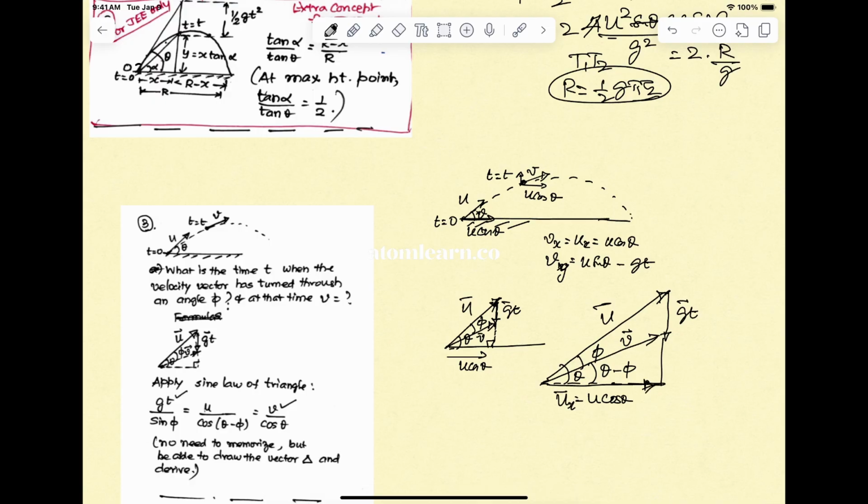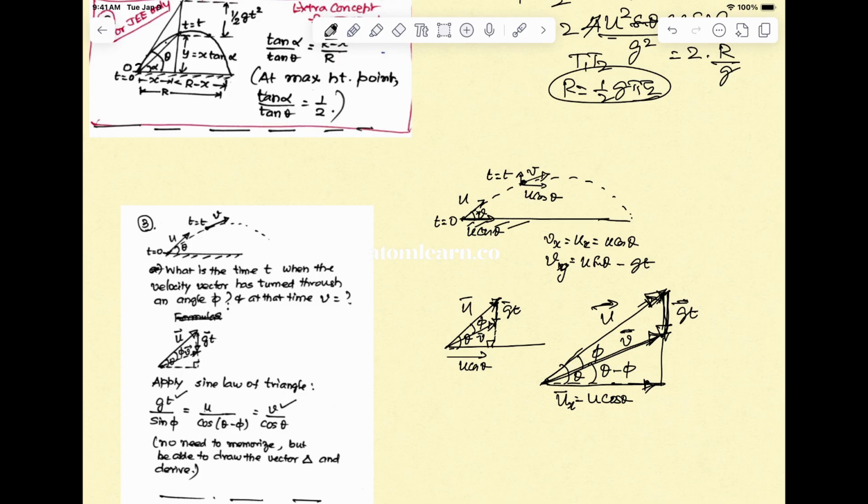Now what is the relation connecting the u vector, v vector and gt vector? That is a vector triangle: the u vector plus the gt vector gives you the v vector. Now we can use the sine law of a triangle.